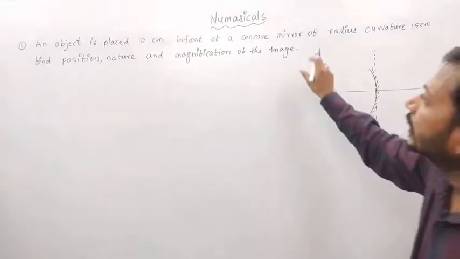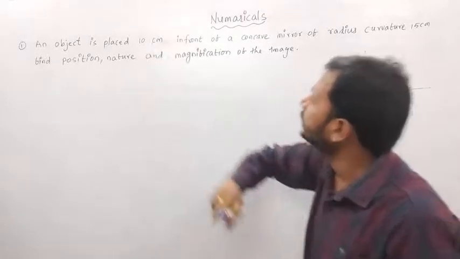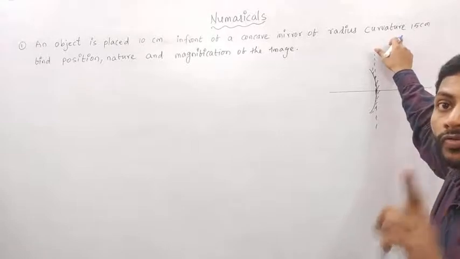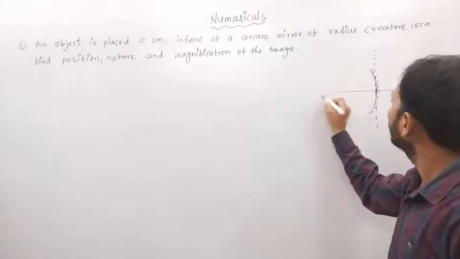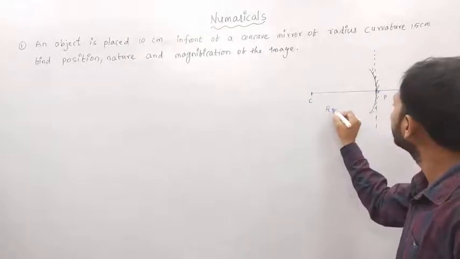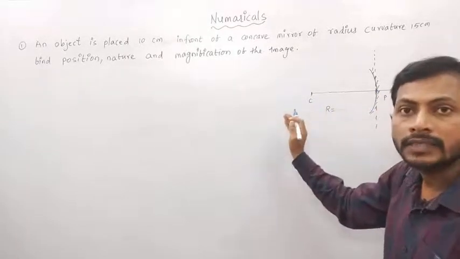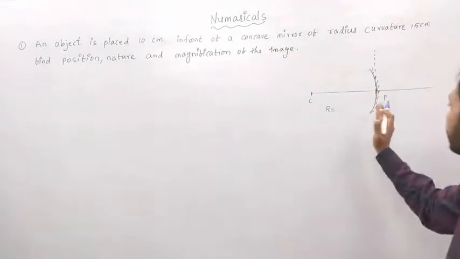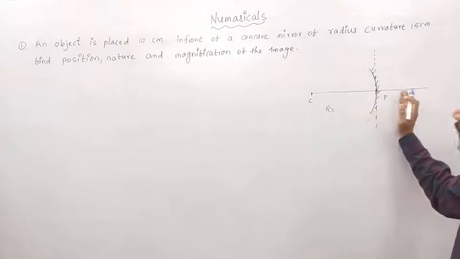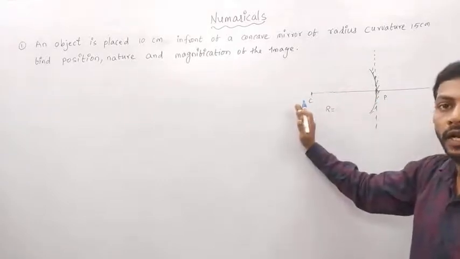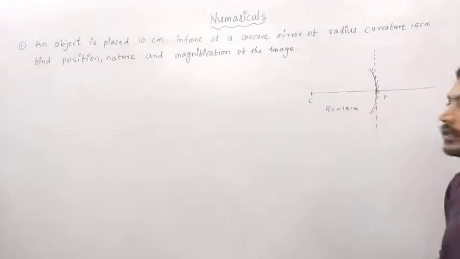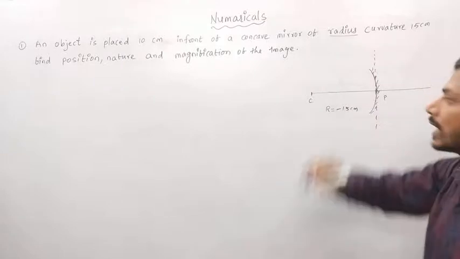The object is placed 10 centimeter in front of the concave mirror of radius of curvature 15 centimeter. Then this is the center of curvature, this is the pole. This radius, shall I write minus or plus? You know very well. This is the left side. On graph paper, this is the right side, this is the left side. On the left side we take minus 15 centimeter. This is the radius. Clear?